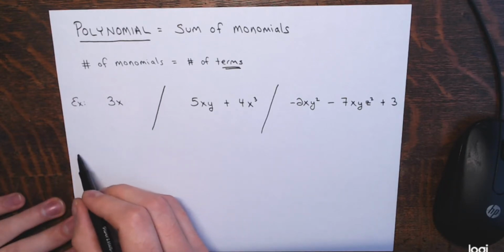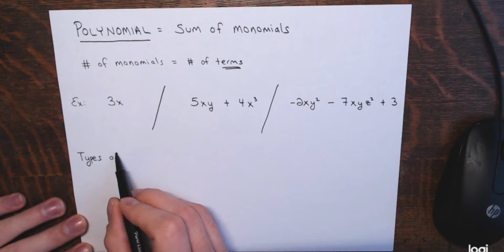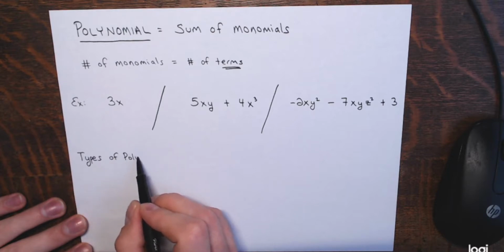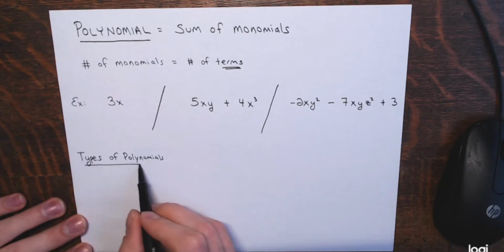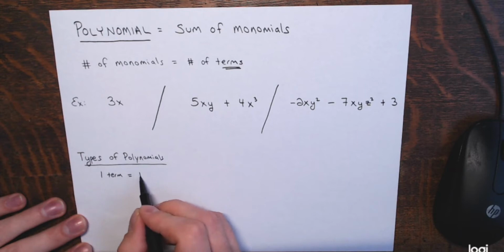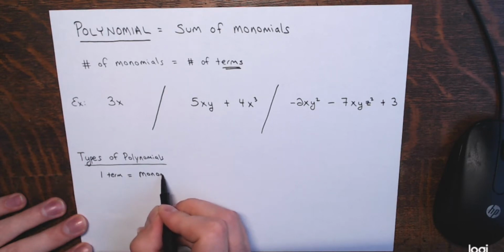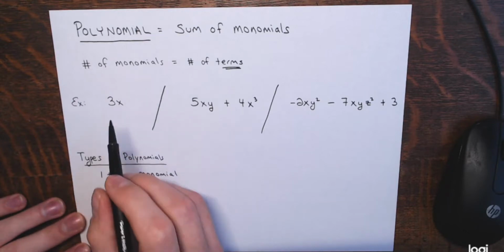All right, and then types of polynomials. Again, one term, that's called a monomial. Right, you have seen that, mono for one. So this is an example, the 3x here.